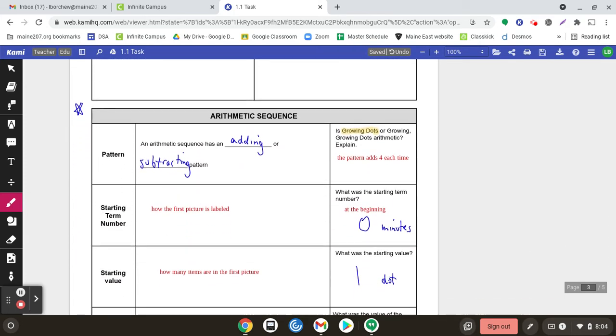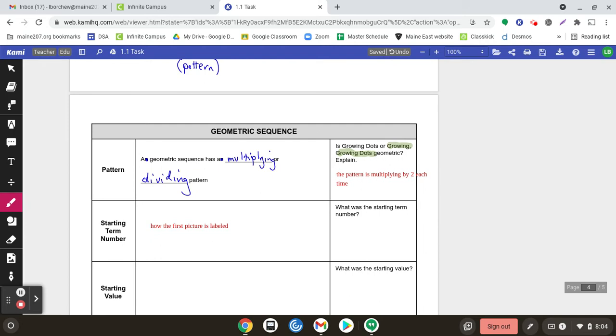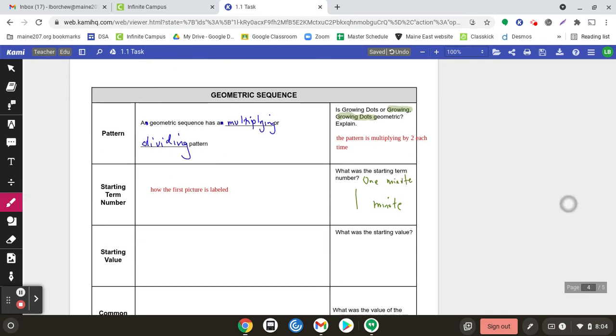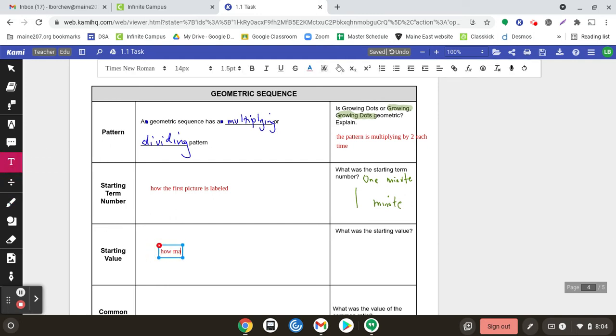So go back to page 4. My starting term number is 1 minute, and I'm going to use the actual units of minutes. So 1 minute can be a number, which is 1.